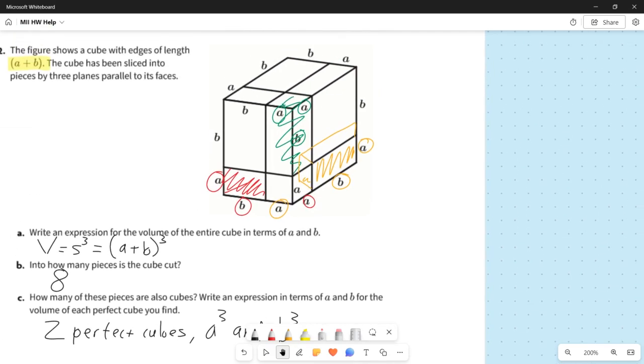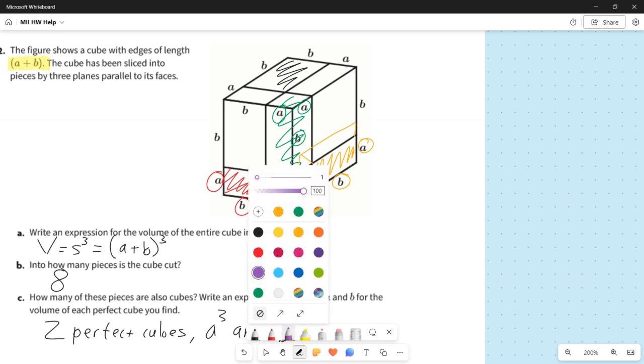Well, we can almost do this by process of elimination because we already identified that that's a cube and that's a cube. Notice that on the left here, I have A by B by B. And so this guy is going to have a volume of A times B, which is AB squared.